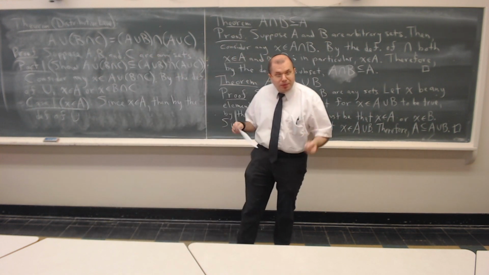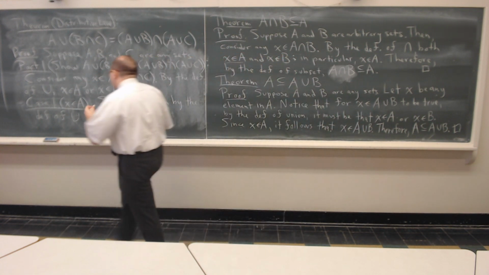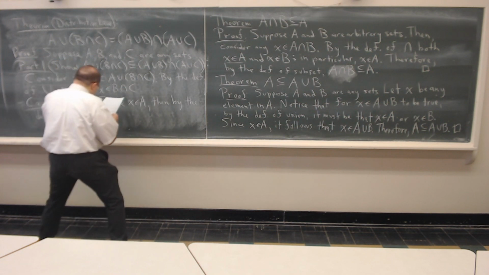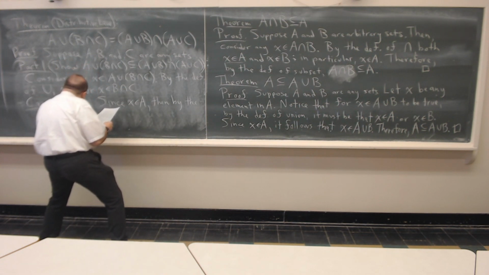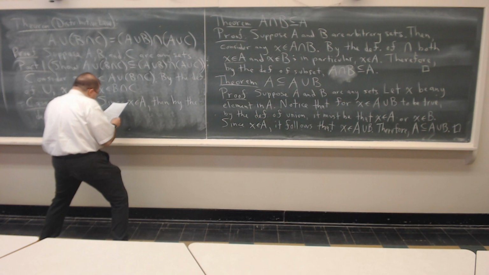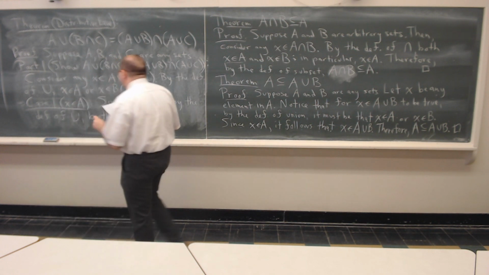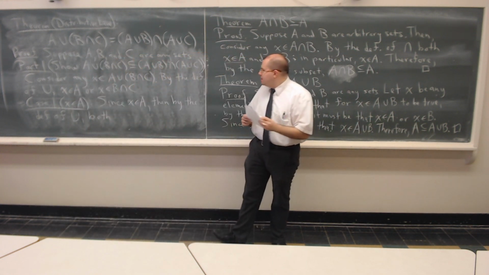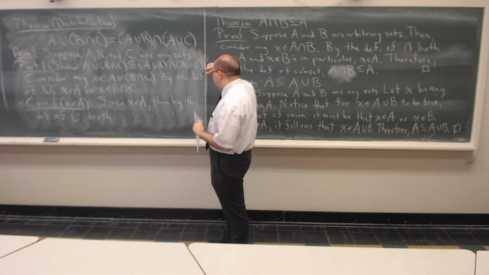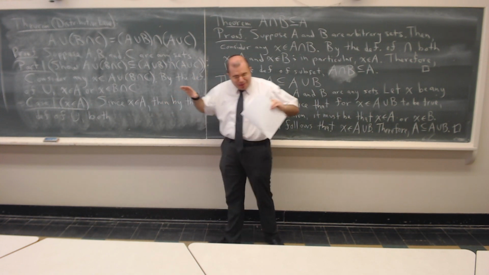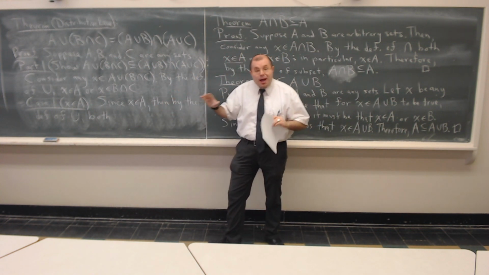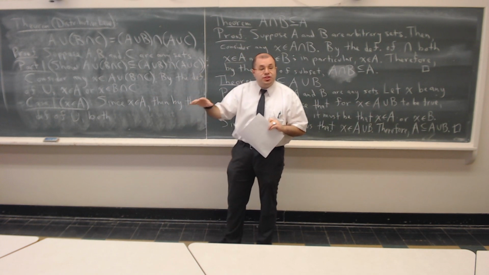I'm just saving a little bit of time here. By the definition of union, both, now this is where it gets kind of neat. I'm going to use union twice. So be very careful. I'm not taking intersection or something. I'm doing or, and I'm applying that definition twice here.